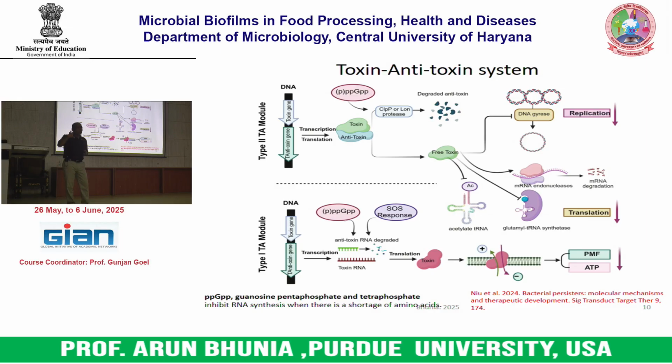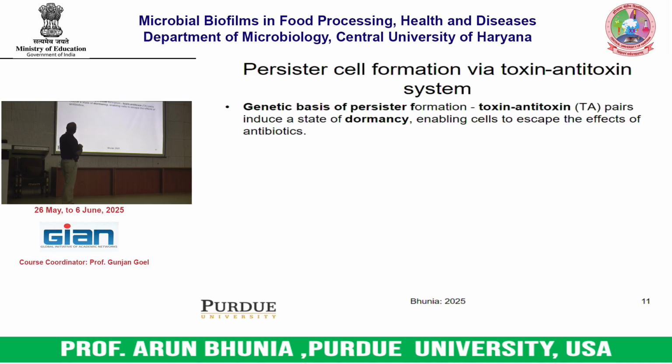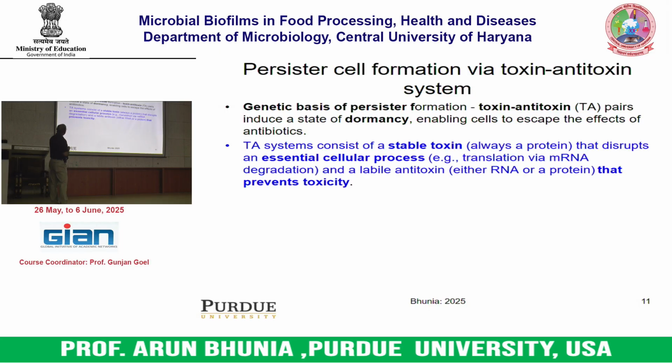So I want you to read it. It's a little bit complex phenomenon. This is a nice review article that talked about how this works. Other central molecules play important roles. So, persister cell formation by toxin-antitoxin system. The genetic basis of persister formation, this toxin-antitoxin I just mentioned, helps maintain the dormancy state and controls the cellular process.